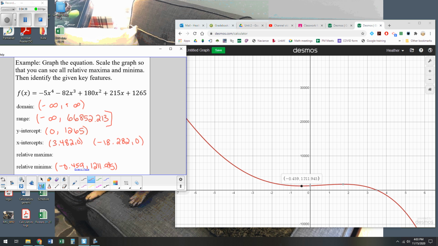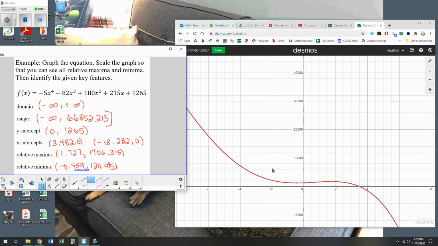And then it goes slightly up before going back down right here. So that would be 1.727, 1706.315.